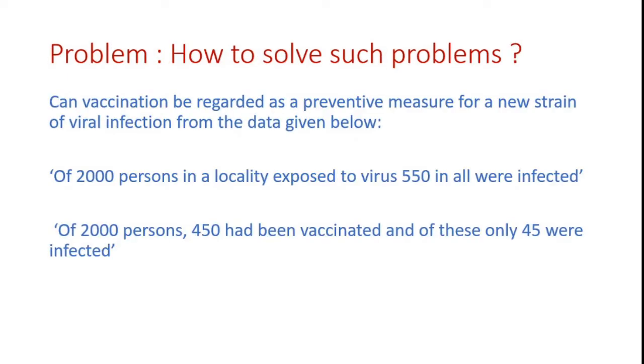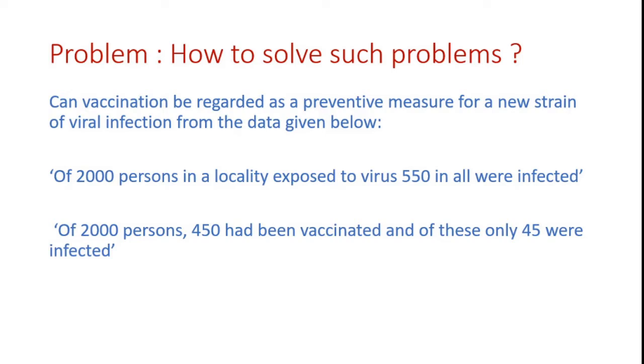So I have a problem, which says: can vaccination be regarded as a preventive measure for a new strain of viral infection from the data given below? This is data for a new strain of viral infection where vaccination is ongoing, and a sample of 2000 persons has been identified.